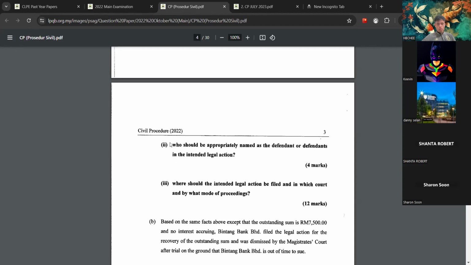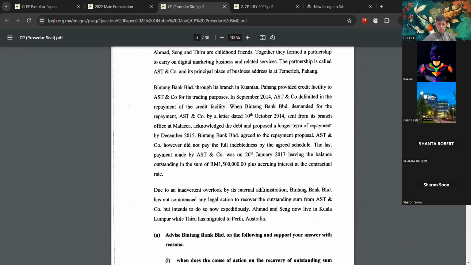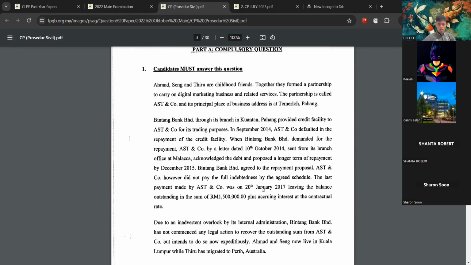Now, second part: who should be the appropriate named defendant or defendants in the legal action? 4 marks question. Who is AST? A partnership, right? AST is formed by Ahmad Singh and Thiru.